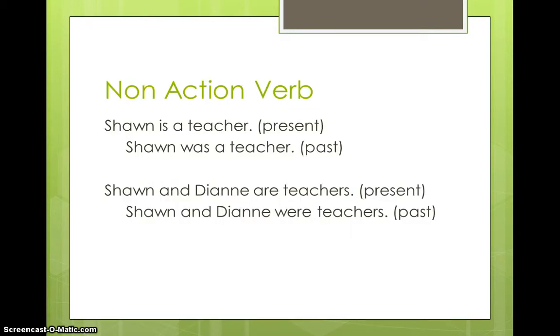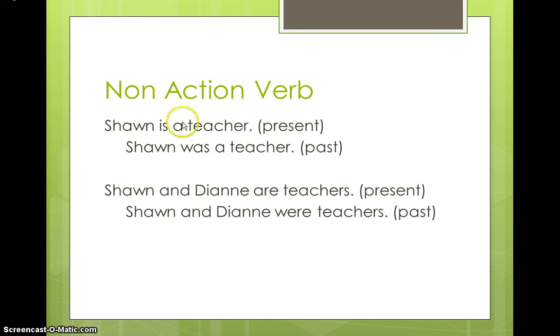Okay, now, what if we do some exercises here? No, actually it's not an exercise. It is more like examples. Sorry about that. Okay, let's see. If we want to use non-action verb in a sentence, we can do it like this. Sean is a teacher.